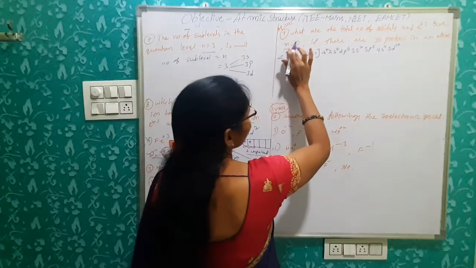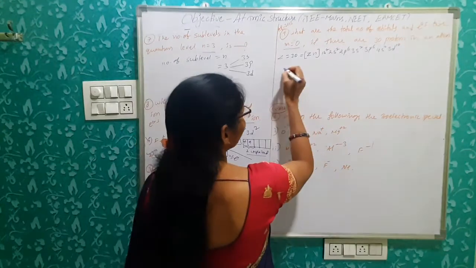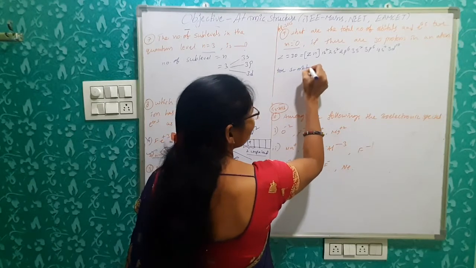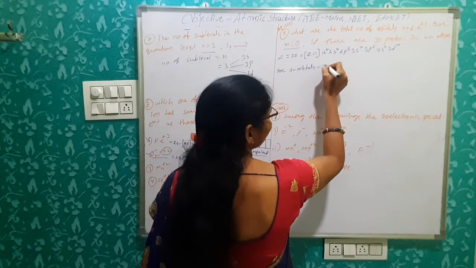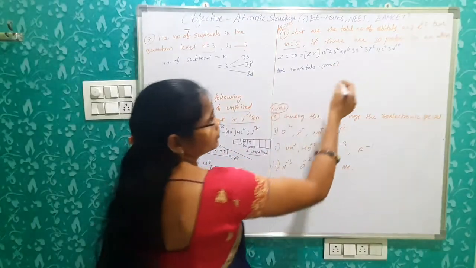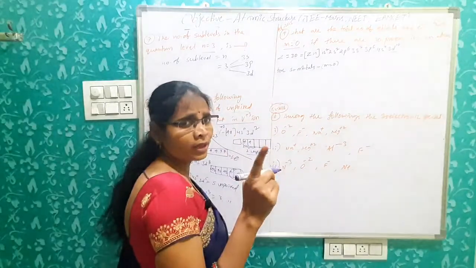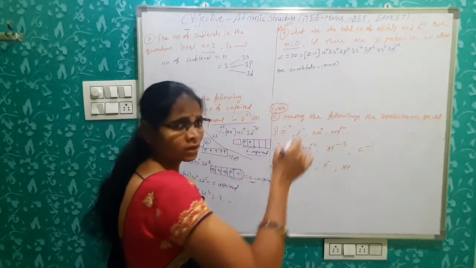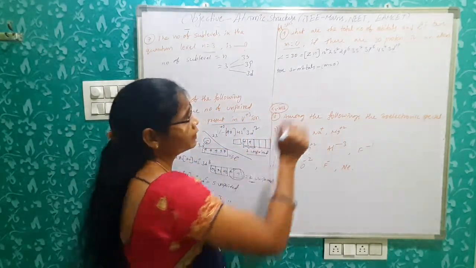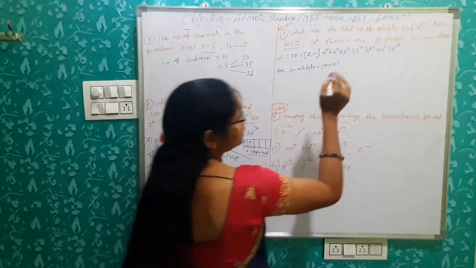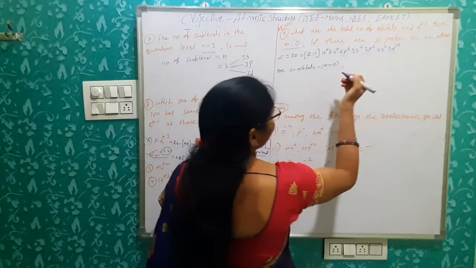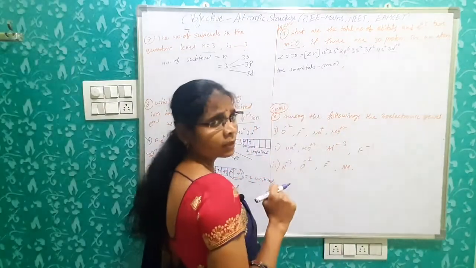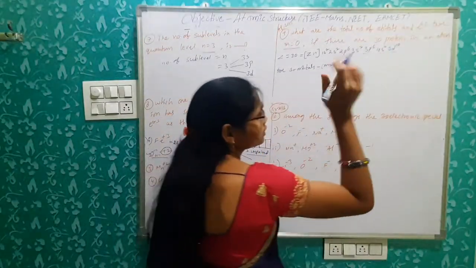Clear? So m equals 0: for s orbitals m equals 0, and for p orbitals and d orbitals, among the degenerate orbitals, 1 orbital has m equals 0. So 2p has 1 orbital with m equals 0, 3p has 1 orbital with m equals 0, 3d also has 1 orbital.